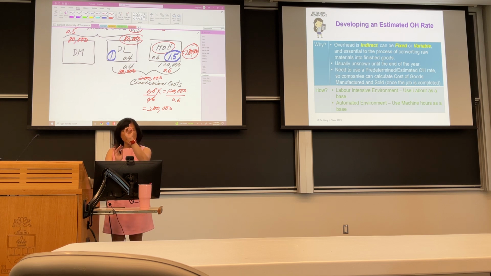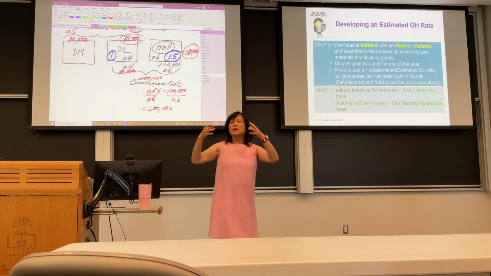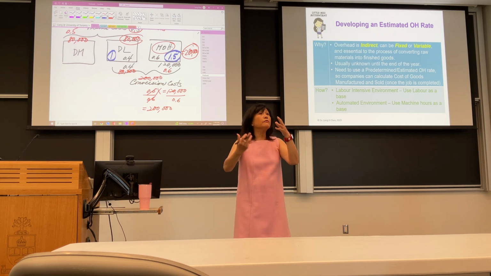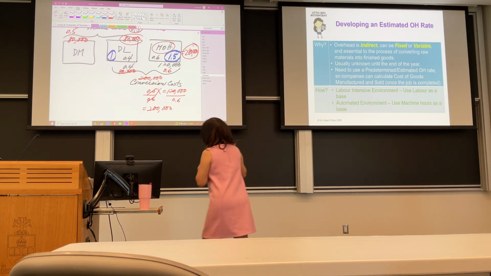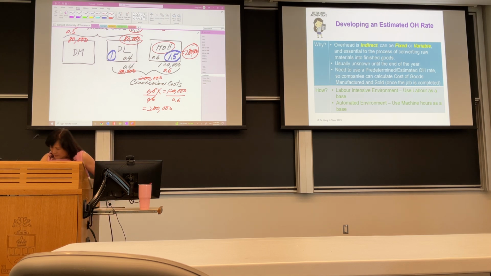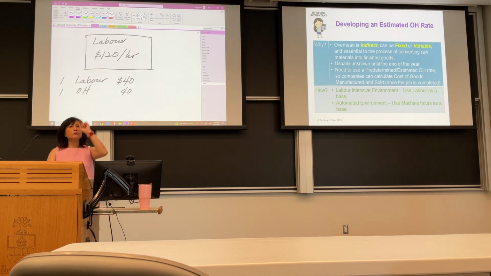So charge $1 of labor, I charge $1.50 for overhead. So you can choose whatever ratio you want based on the labor, based on machine. Sometimes you can say, okay, I'm going to charge 80% or 50%. But in this example, I'm showing you, it's 1-to-1. I charge $40 for labor, I charge $40 for overhead.